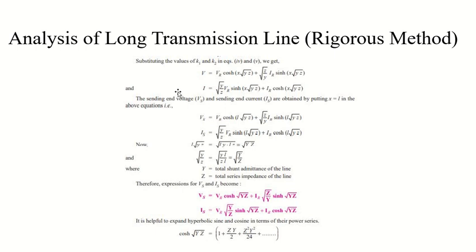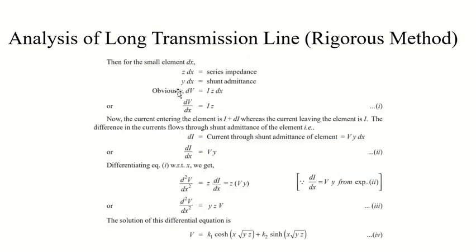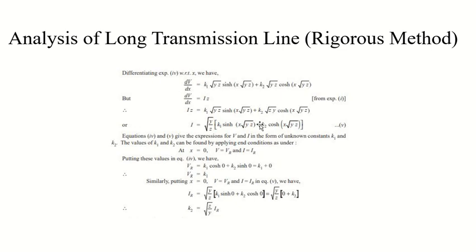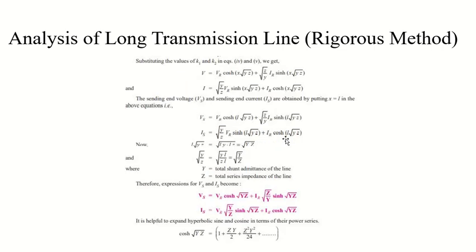I will be equal to, from this fifth formula, under root of y by z into k1 sinh x under root yz plus k2 cosh x under root yz. With k1 equal to VR and k2 equal to under root of z by y into IR, the value of I will be under root of y by z VR sinh x under root yz plus IR cosh x under root yz.